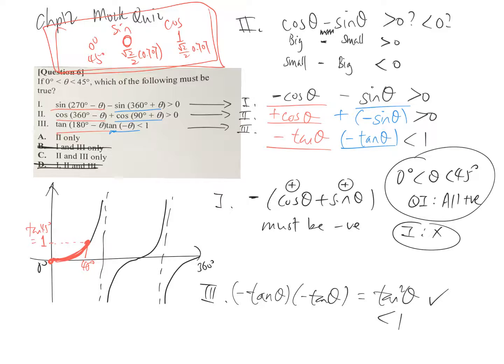So sine from 0 to 45 degree is between 0 and 0.707, and cosine is between 0.707 and 1. Which one is bigger? Of course, cosine wins.